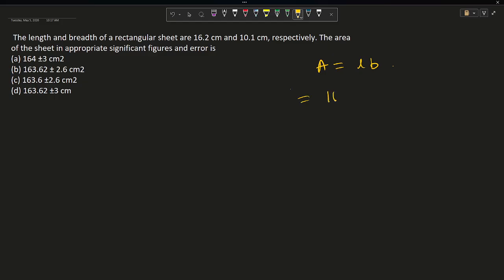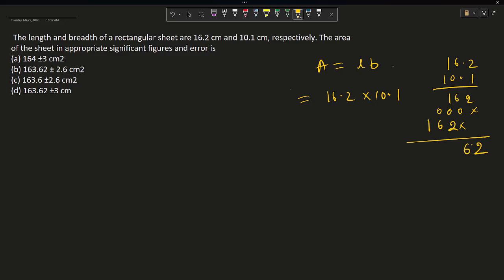So multiply these two. The area is 163.62 centimeter square.